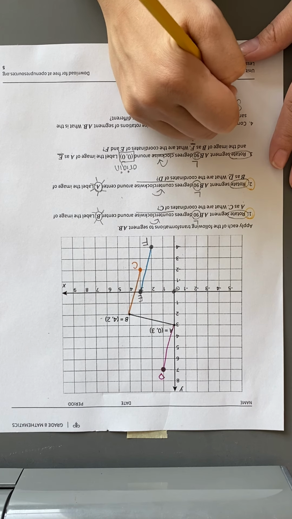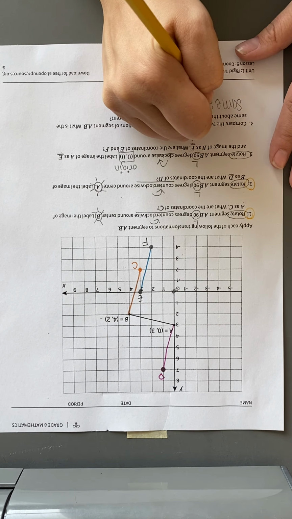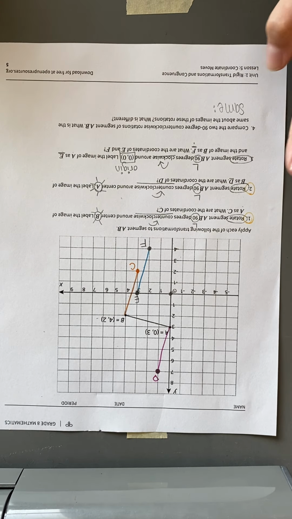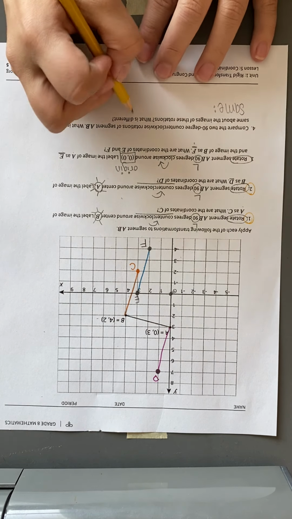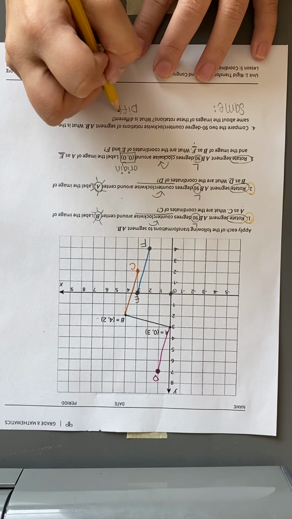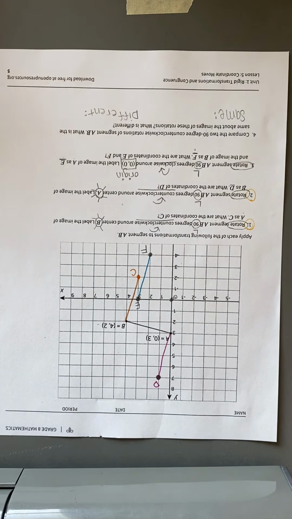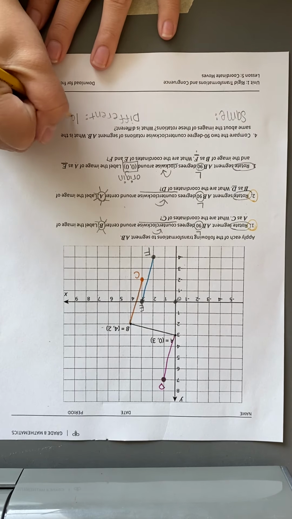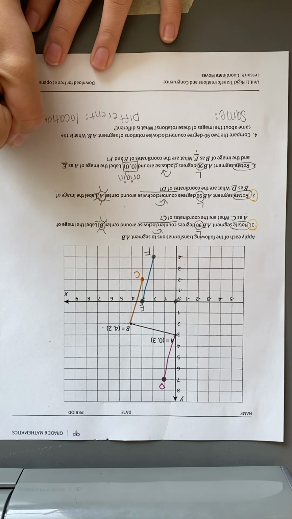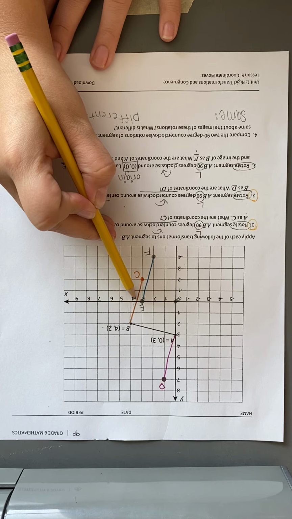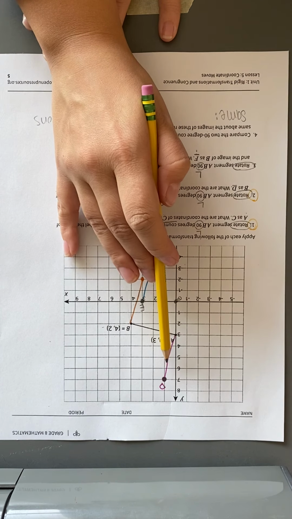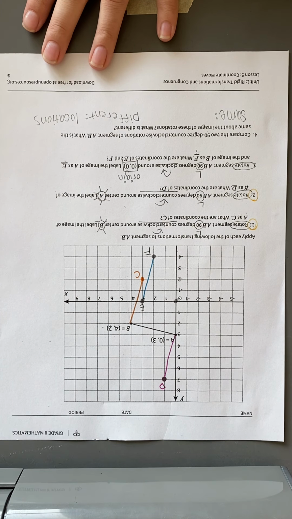Here's an example of something that is the same and something that is different. They are both in different locations on the grid. This one is to the right, this one is to the left.